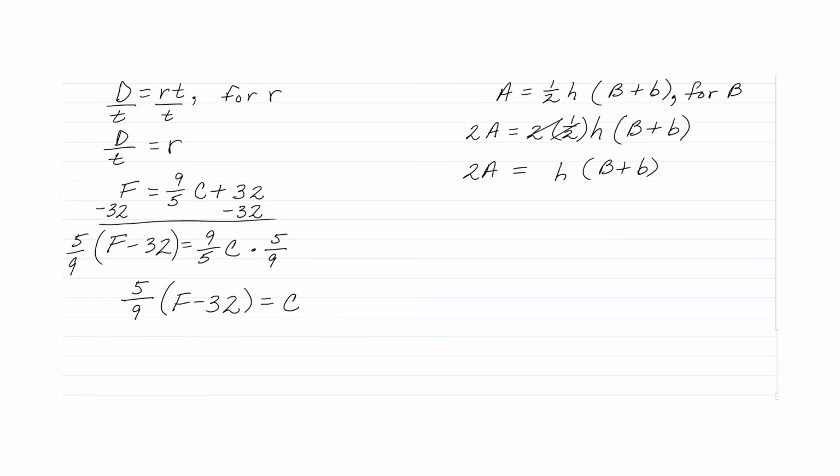Now we need to distribute our h inside the parentheses. Now I need to subtract little h times little b from both sides.